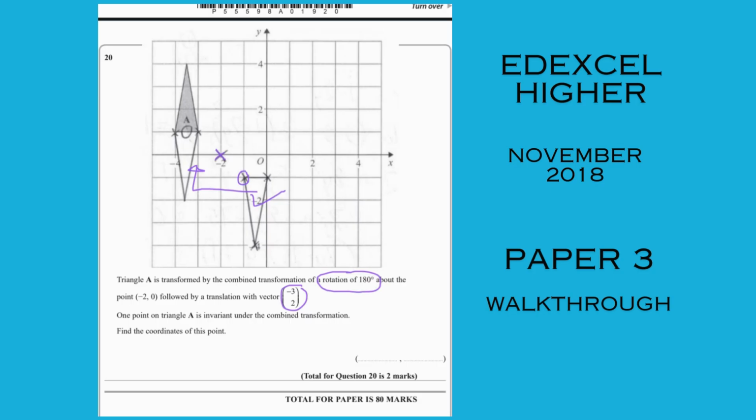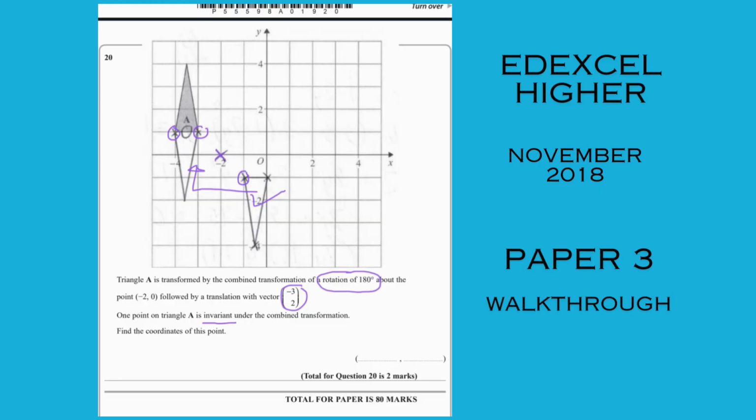Now comes the weird bit. 1 point is invariant. Don't forget, varied means different, it changes. Invariant means it stayed exactly the same. Now, it's not those vertices. They've basically switched around. They have changed.